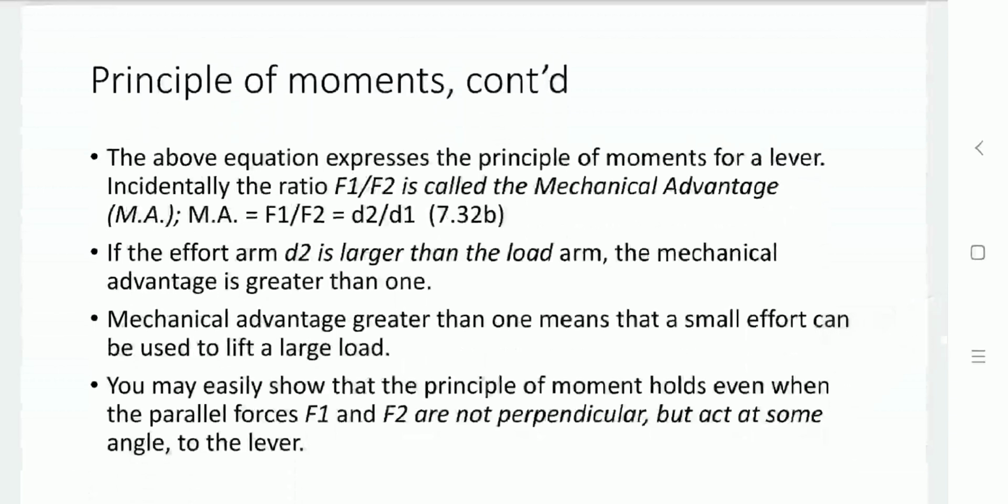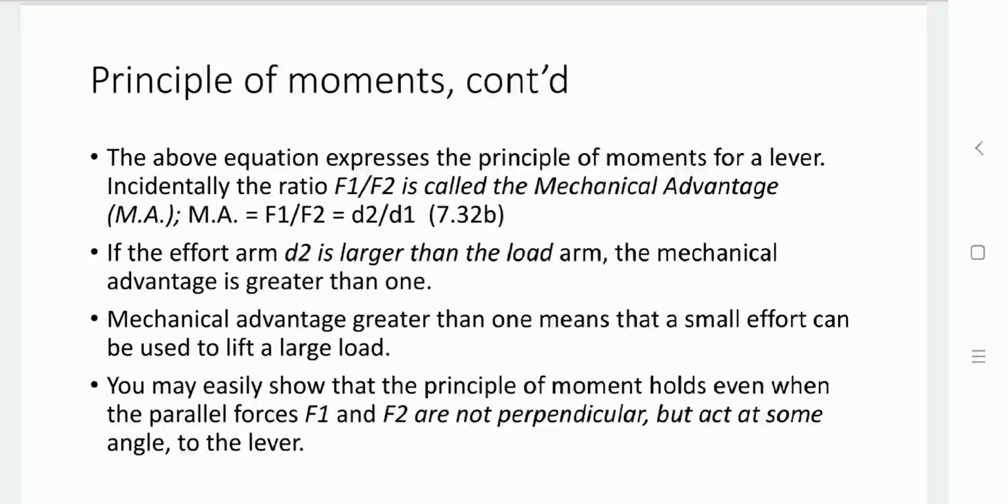Let us take the ratio F1 by F2, which is called the mechanical advantage, MA. So MA equals F1 by F2. From equation 2, we have F1 by F2 equal to d2 by d1. So if the effort arm d2 is larger than the load arm, then the mechanical advantage is greater than 1.